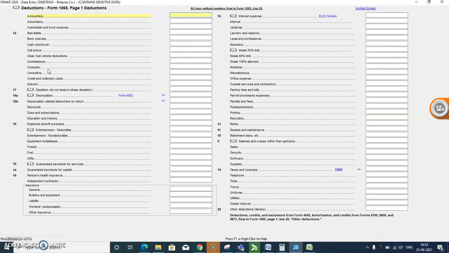Now we'll go to deduction part. Here we will report the deduction amounts as per our Excel.